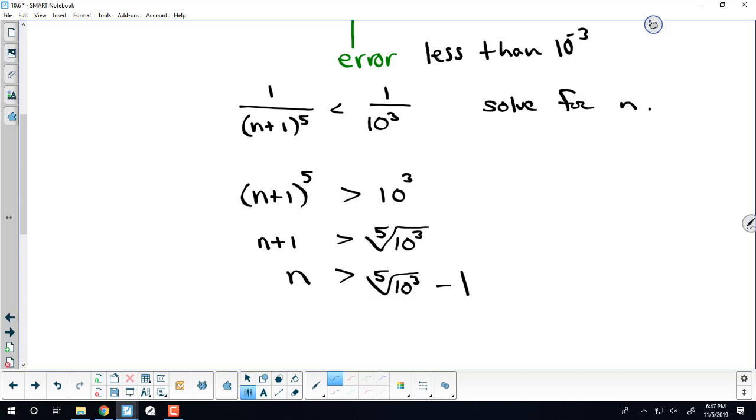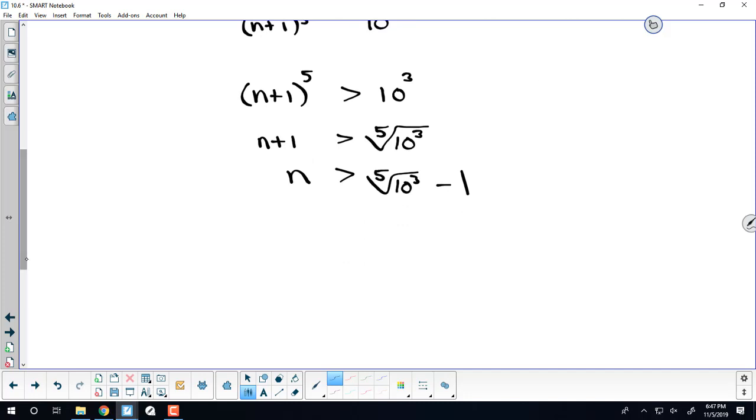So remember, n here just represents how many terms of that series we're actually summing. So we calculate that value and see that n is larger than 2.98.